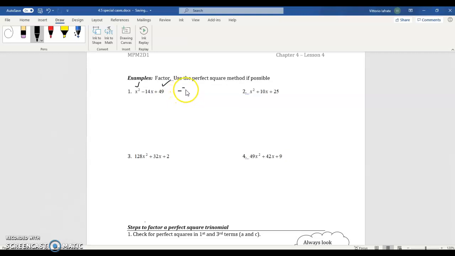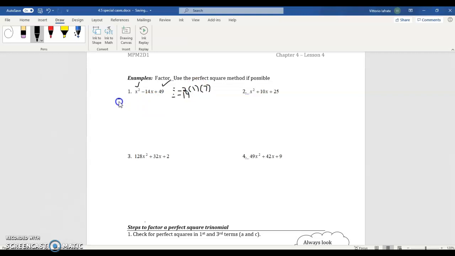Negative 2 times square root of 1, which is 1, times square root of 49, which is 7, and that's going to be negative 14. So this works out. This is a perfect square trinomial.